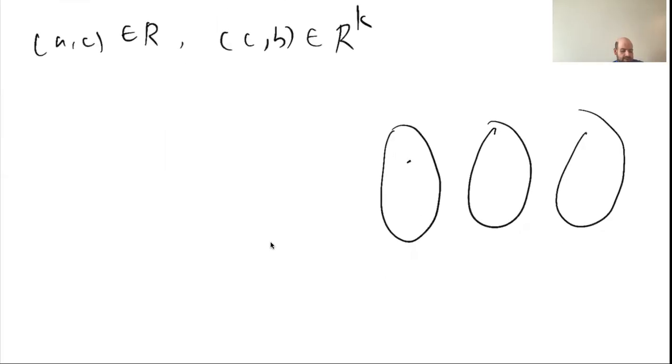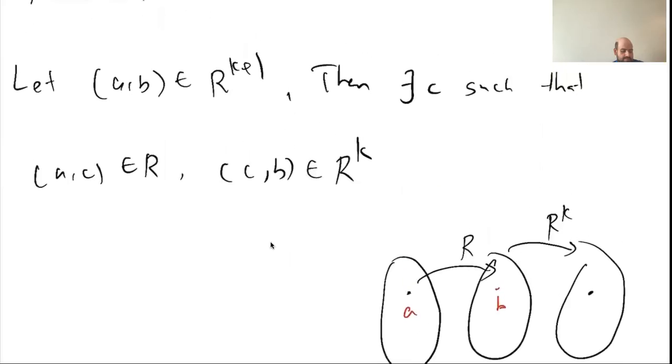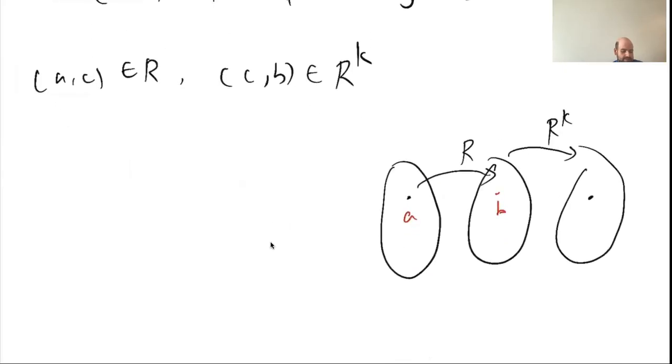When can I say that some element (a, b) is in R∘R^k? So this is R, this is R^k. So a, and this one, call it c, and this one b. When can I say that (a, b) is in my relation?